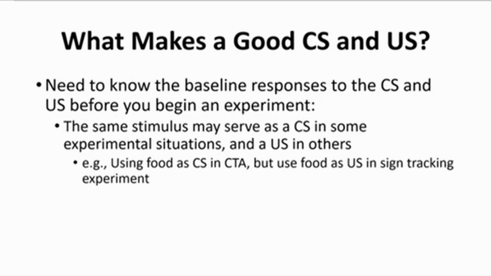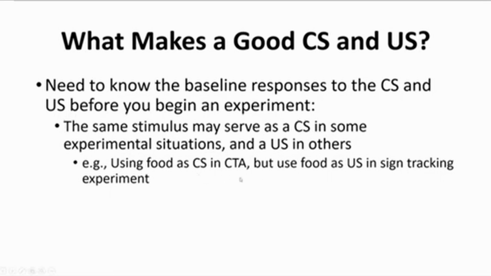The example that the textbook uses is that the flavoring sucrose can serve as a conditioned stimulus in something like a conditioned taste aversion test, where you flavor a food pellet with sucrose and then induce nausea, which would then create an aversion to that conditioned stimulus, the taste of sucrose.